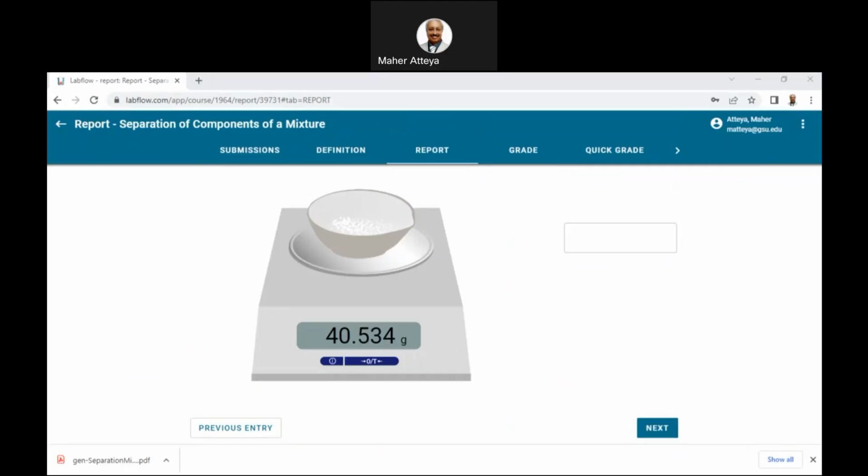number four, the mass will be reduced to the amount of, enter this amount and then click next.